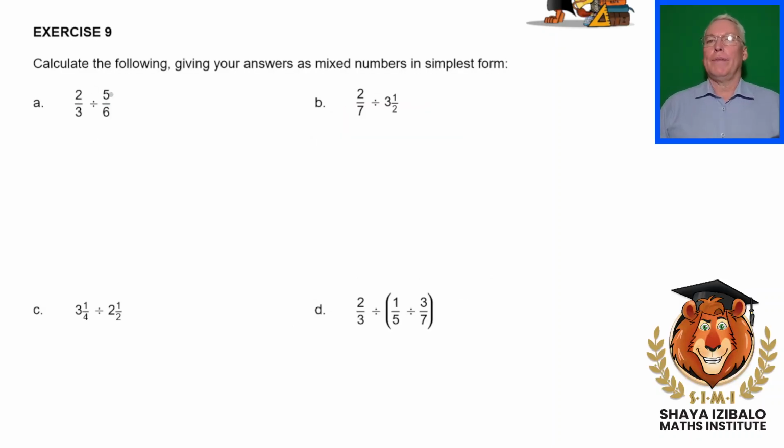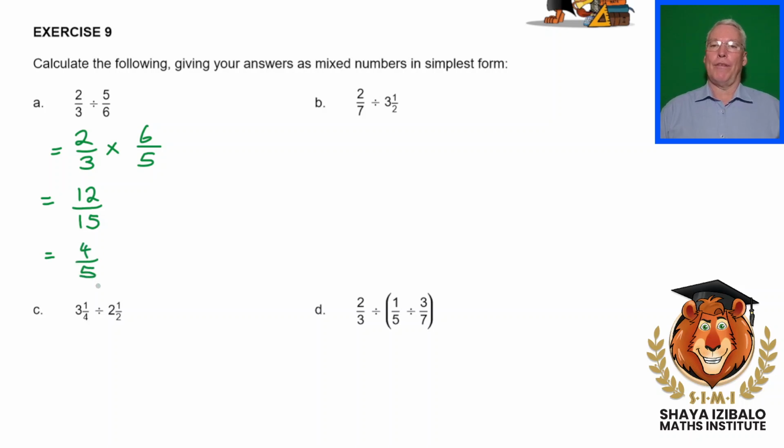Okay, so this first one, 2/3 divided by 5/6, that's 2/3 times 6/5. All right, it's in fact 12/15. Now notice we are simplifying after multiplying. 12/15 can simplify because we can divide the top by 3 and the bottom by 3, and we get 4/5.